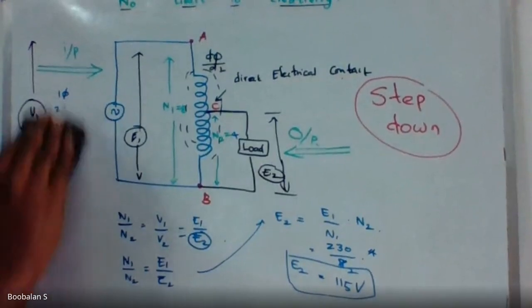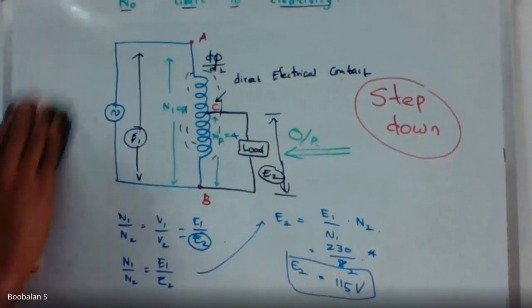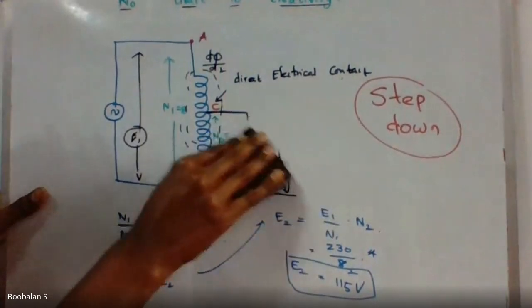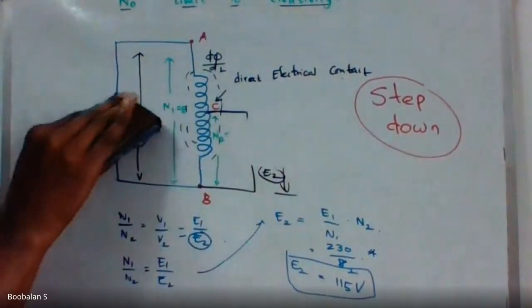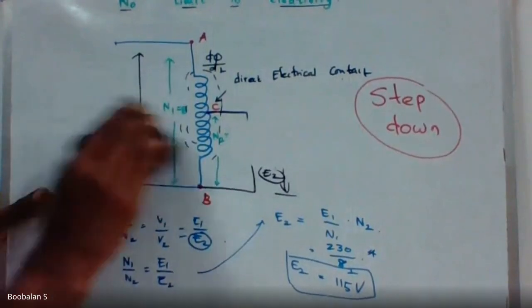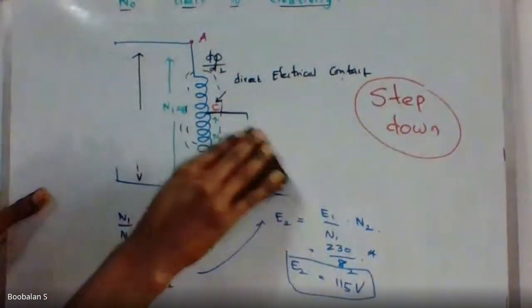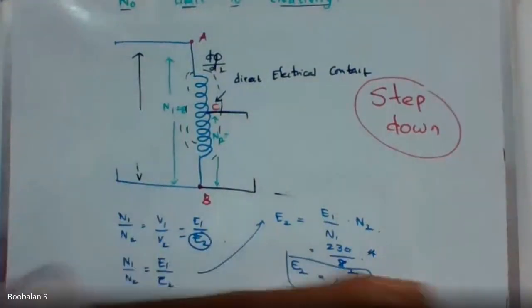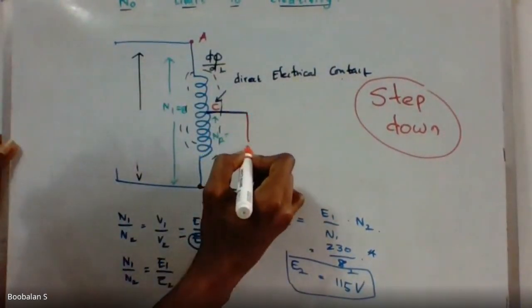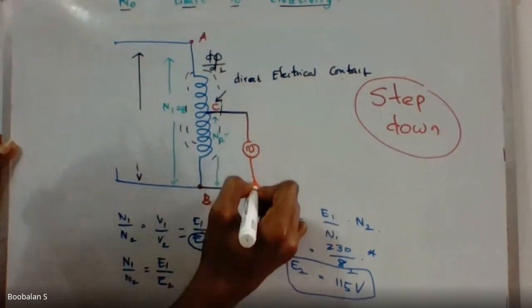Now let's carefully see. I'm not going to change anything at all. I'm only going to change small things. It's very easy, right? The same winding, same number of turns, everything is the same. Now I'm just going to interchange the input and output terminals.